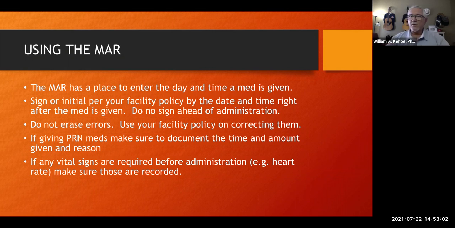A lot of physicians will write an order, digoxin 0.125 milligrams once daily, hold for heart rate less than 60. So what that means is you would have to take the pulse before you give the medication, make sure that it's above 60, or you would hold it and you would document that on the MAR, held because blood pressure or heart rate too low.